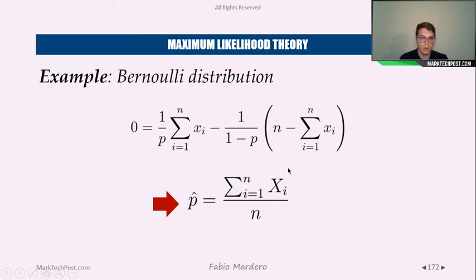How can I know that this is the estimator, since I use the derivative and say that this is the maxima? Well, I can compute, for example, the second derivative. But I tell you that this is the value, the estimator we were looking for.